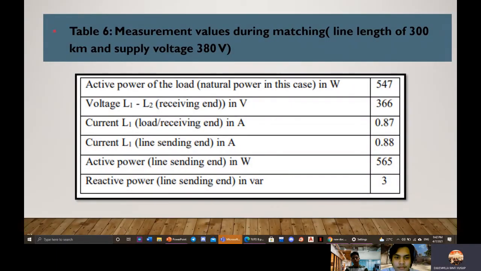And then table 6 is the result for the line length of 300 kilometers and supply voltage of 380 volts, with the active power of the load, the natural power in this case in watts.